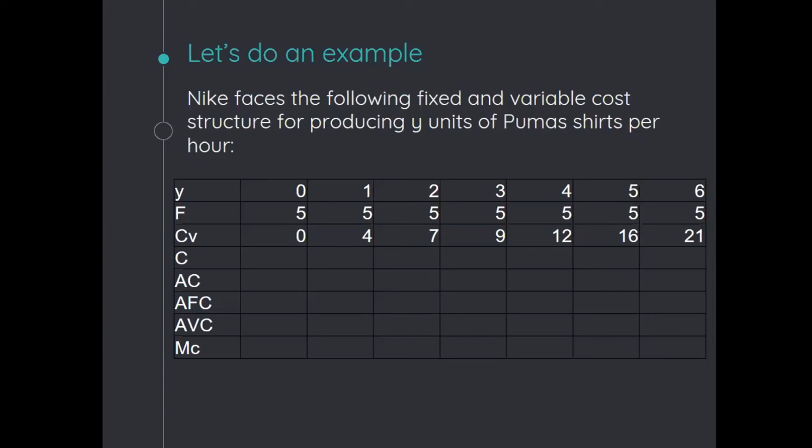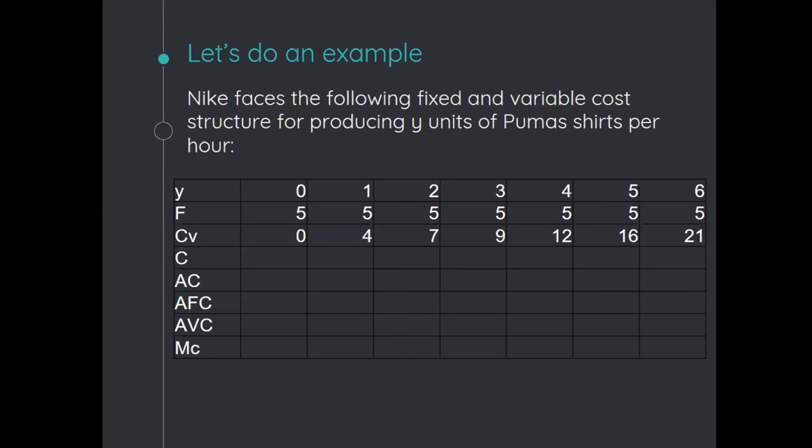So you can take the difference of the total cost from the column with one unit of output versus the column where the total output is 0, and 2 with 1, and 3 with 2, and so on.